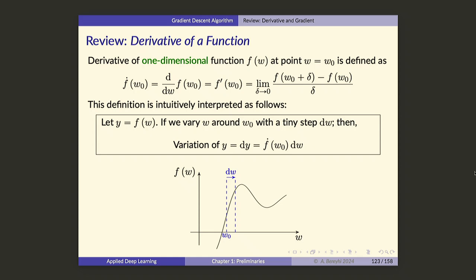Then I get to a new point, which changes the value of y differently, right? And the ratio of the change in y to this dw, when dw is very, very small, is what you call the derivative. And you do know that in the one-dimensional case, it's basically the slope. The slope that touches the curve at that particular point is your derivative.